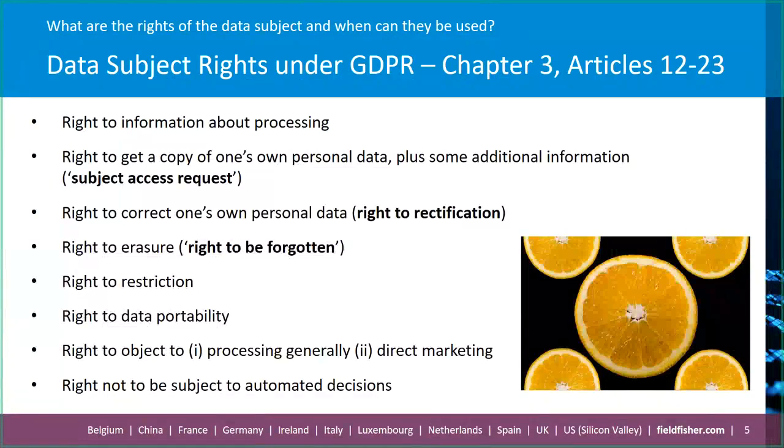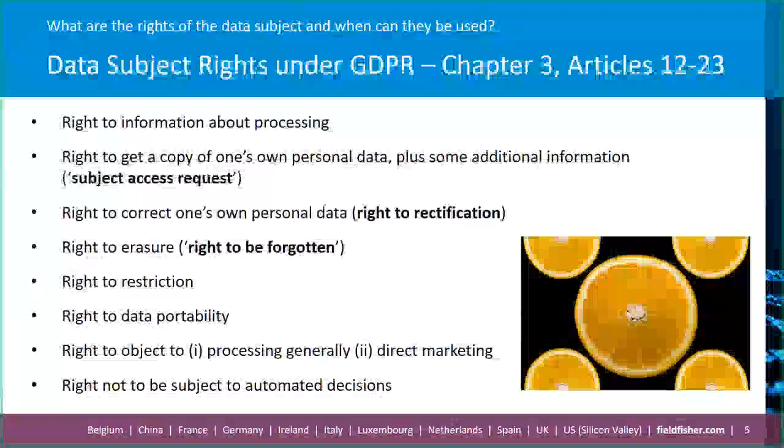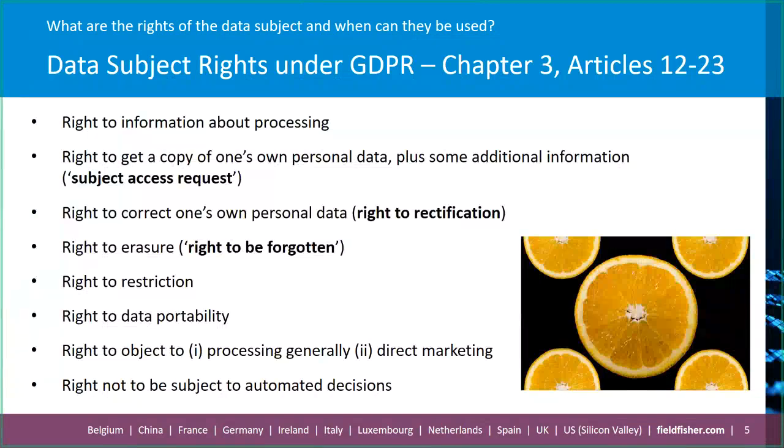You may have heard of SARs or DSARs. The right to correct your own personal information if it's wrong. The right to erasure, which is also known as the right to be forgotten. The right to restrict the processing of your data. The right to data portability. The right to object both to processing in a general sense and specifically to direct marketing communications. And finally, the right not to be subject to automated decisions.